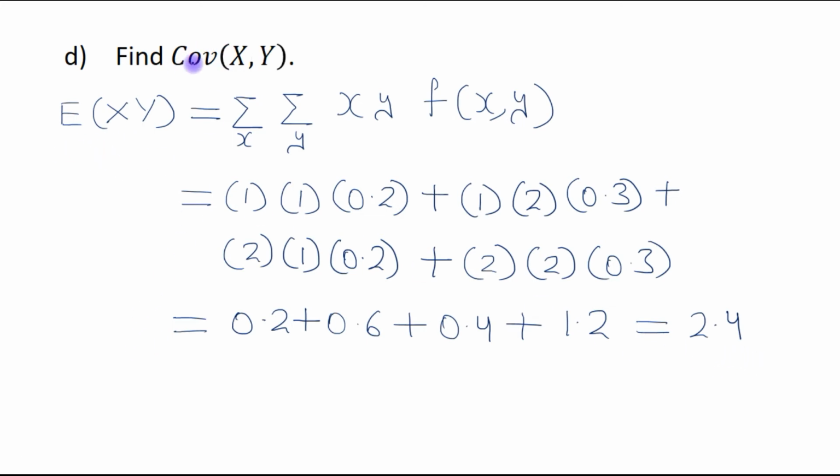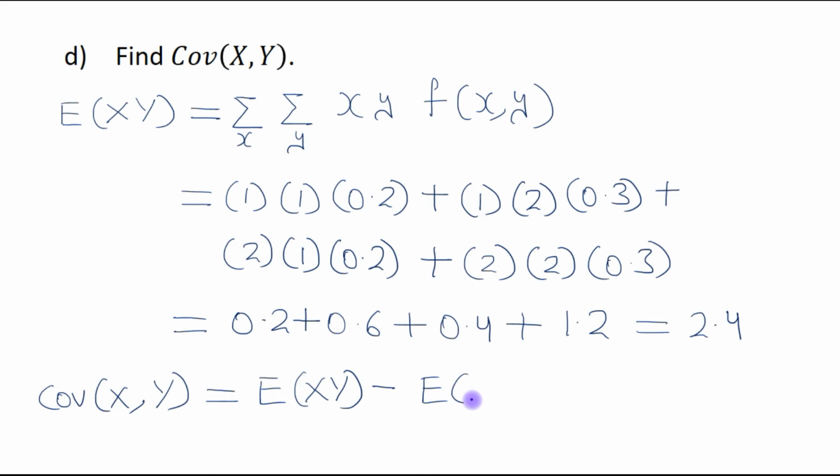Now we will calculate covariance between x and y. It is E xy minus E x times E y.